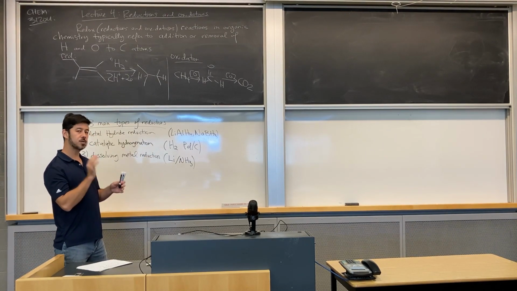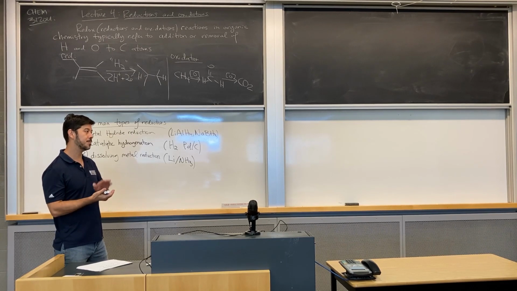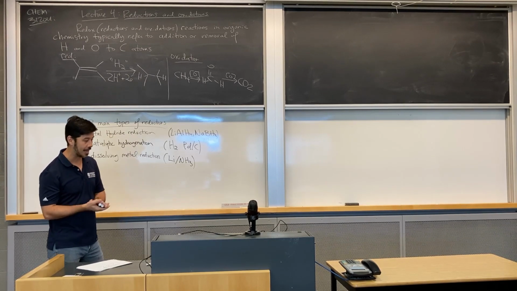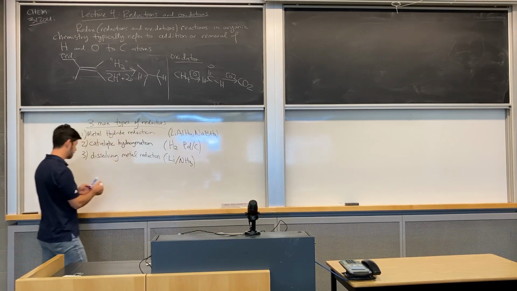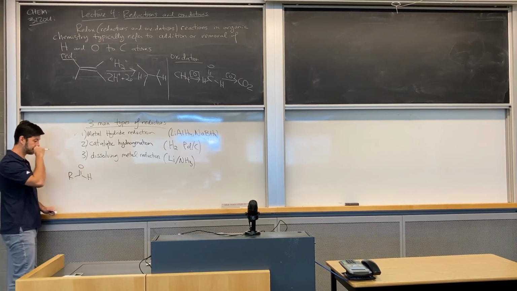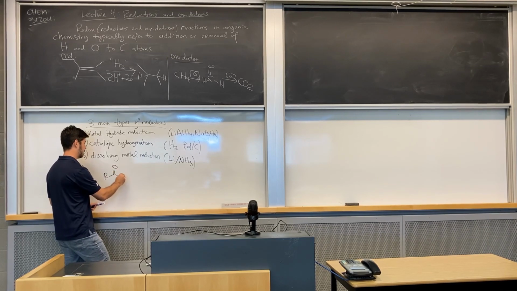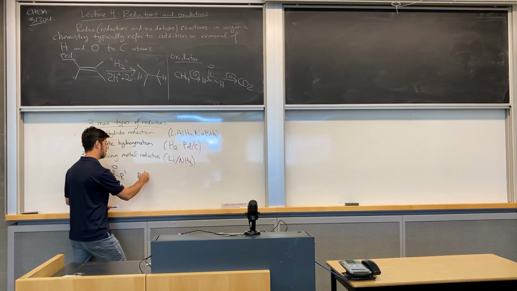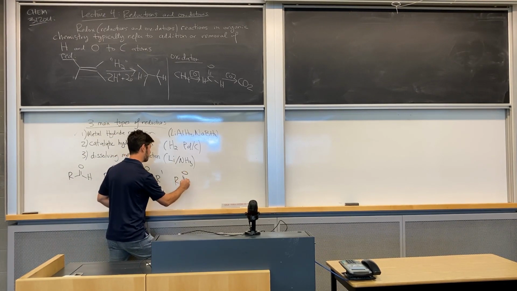Before we do that, let's think back and examine carbonyl structures and ask which ones are more susceptible to nucleophilic attack. Perhaps I'll draw them here. Recall we had aldehydes, ketones, esters, and then we would have amides.